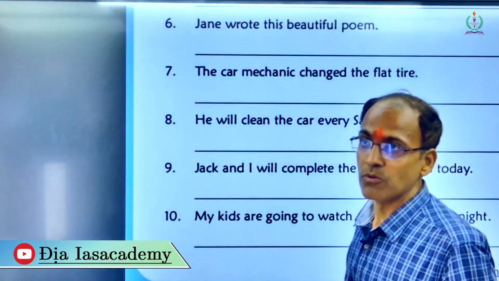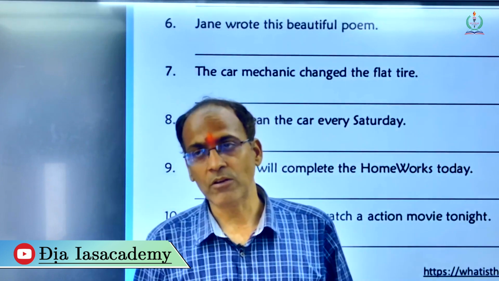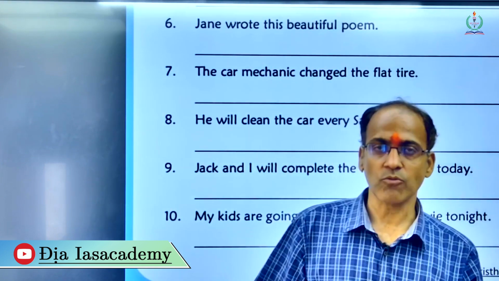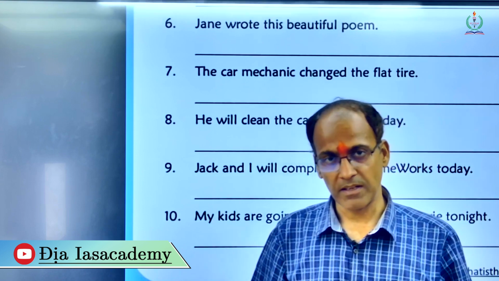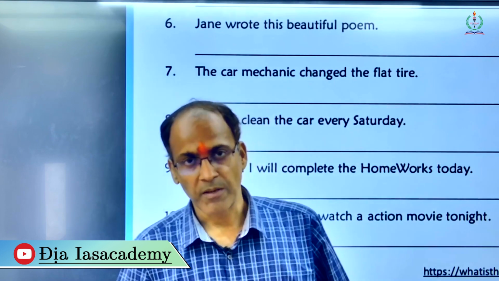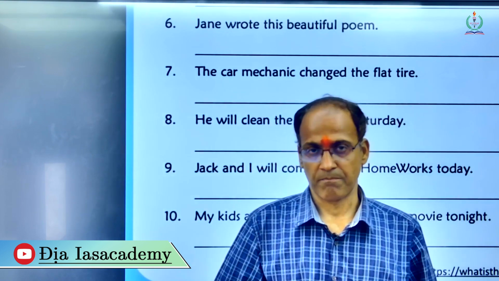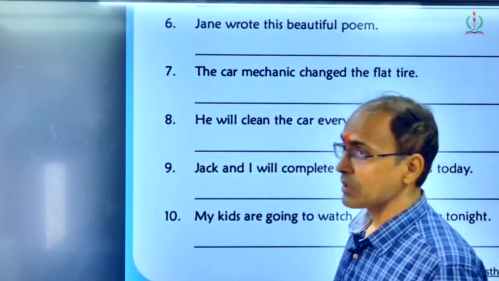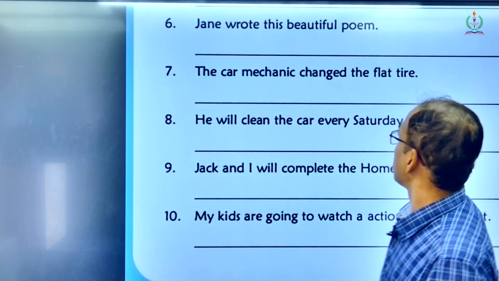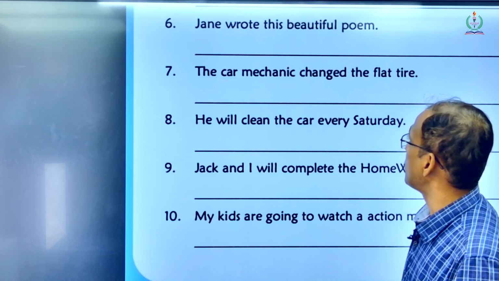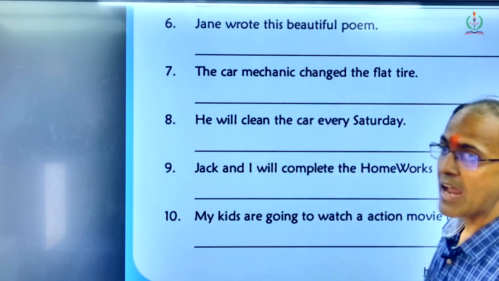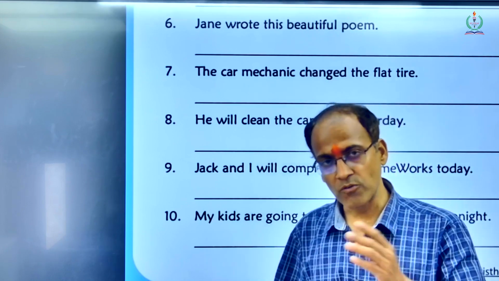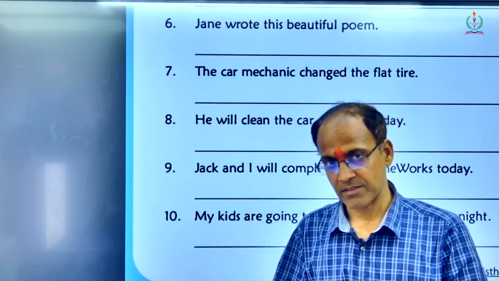Now today we will get on with the questions, and with these questions we will build our concepts a bit better. Let's have a look at question number 6. We had already discussed questions 1 to 5 in our last class.